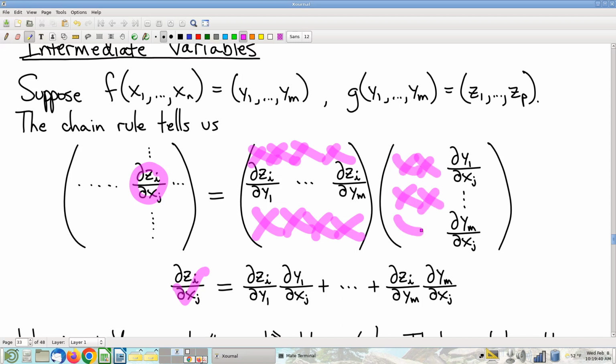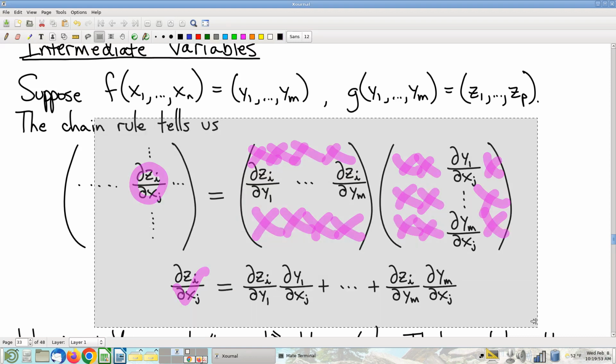It saves you a bunch of partial derivatives you don't have to compute. So that's nice. It's a good thing. All right. So there's that.